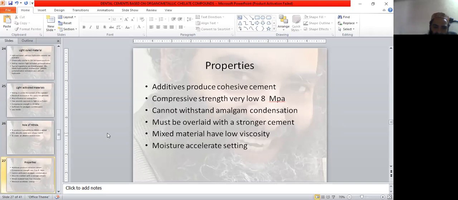Now, properties: additives which are added into this produce a cohesive cement. Compressive strength is very low, that is 8 megapascal, and cannot withstand amalgam condensation.